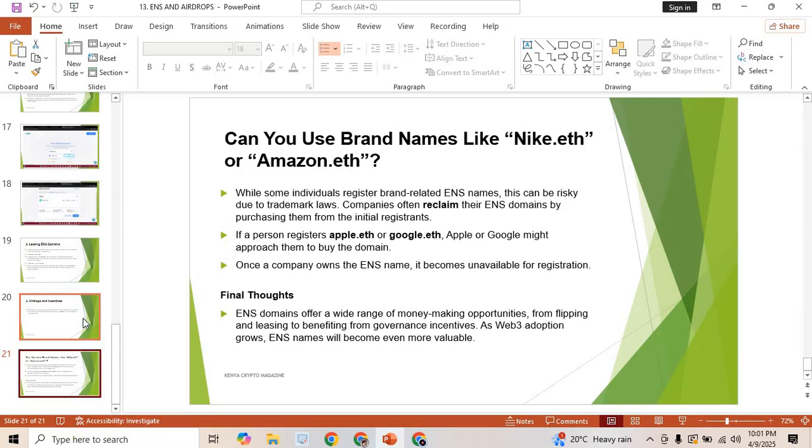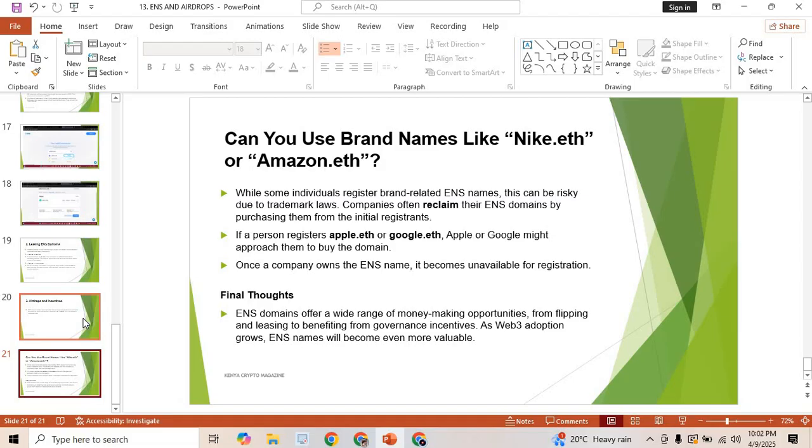But I cannot do anything else with that domain name. With ENS, I can attach all my Ethereum and crypto addresses to that name, and I can receive or send crypto using that Ethereum Name Service. On top of that, I can use it to access decentralized applications and decentralized websites using the same Ethereum Name Service. Is that okay?